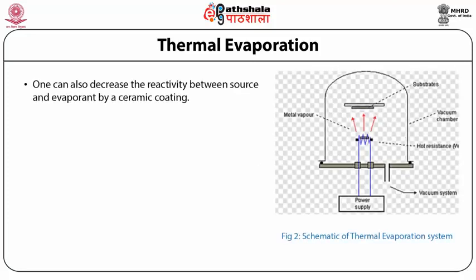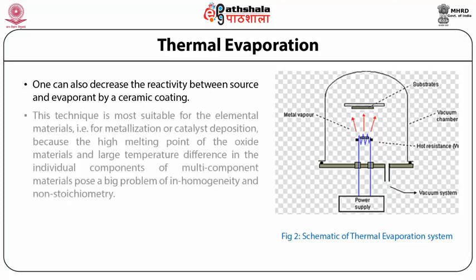One can also decrease the reactivity between the source and evaporant by a ceramic coating. The crucibles of certain oxides such as boron nitride and carbon could also be used as an evaporation source when heated by refractory metal wires or foils.